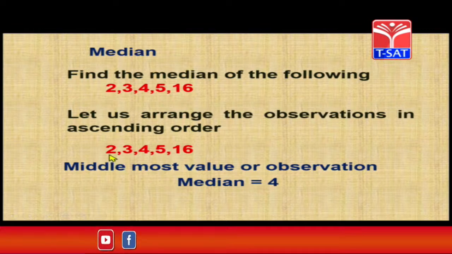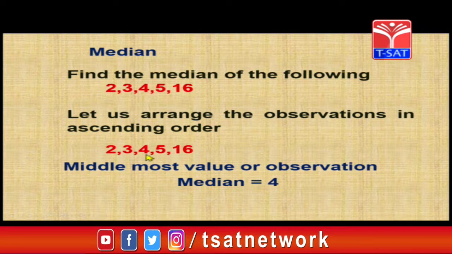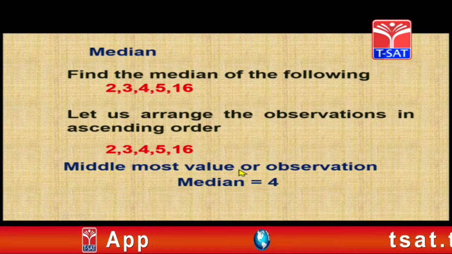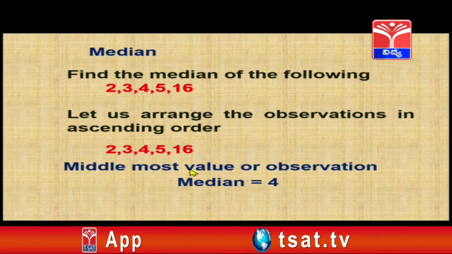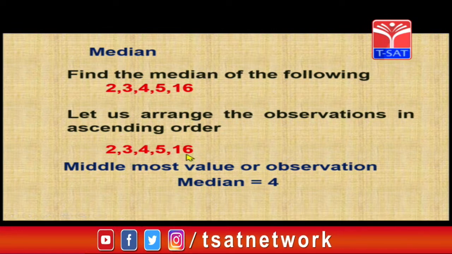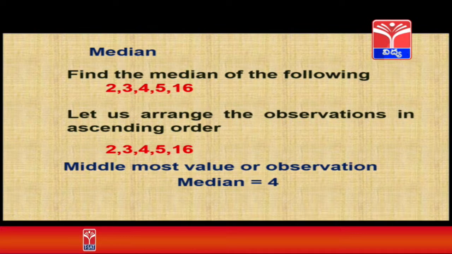If I leave the first 2 and last 2, I am able to see there is one value in the middle, that is 4. So, the middlemost value of this observation is nothing but 4. So, I will call this middlemost value the median. Children, here there are an odd number of observations, that is the reason I am able to find only one observation in the middle, and that is called the median here, right.